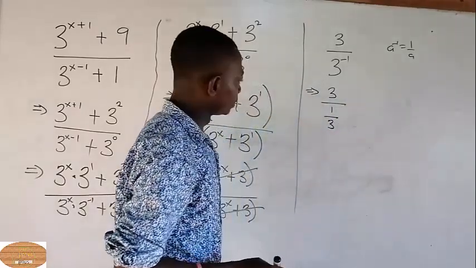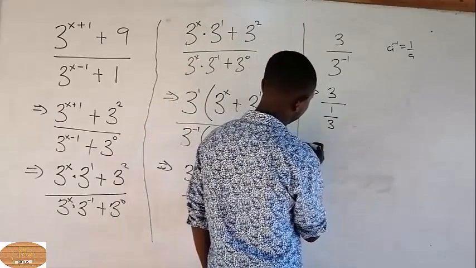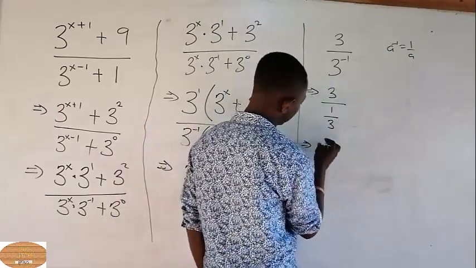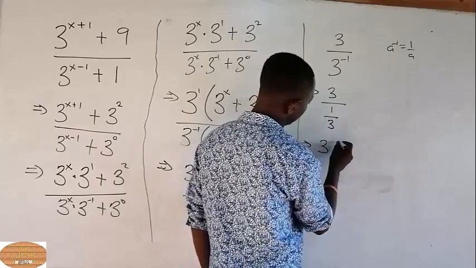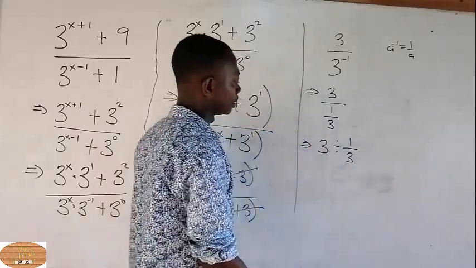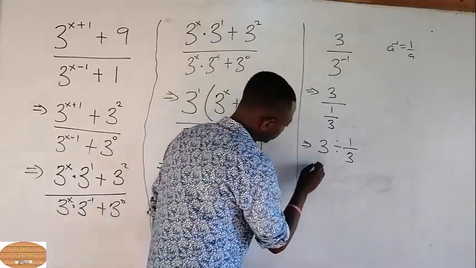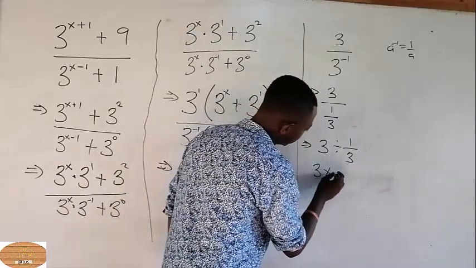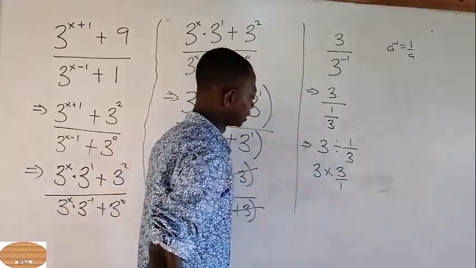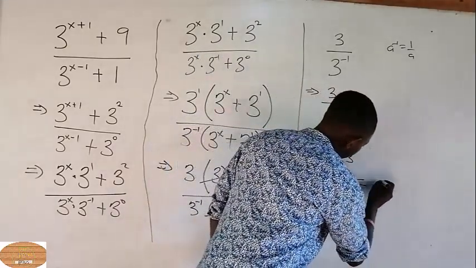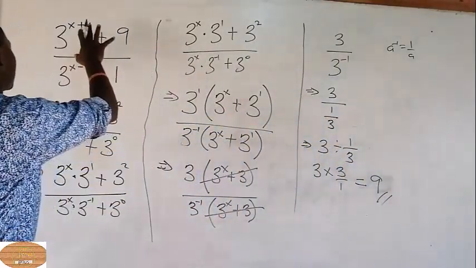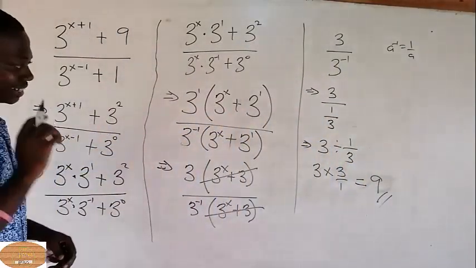So this one divided by this is the same as 3 divided by 1 over 3. This is the same as 3 times 3 over 1, which is 9. So the correct answer for this expression is 9.